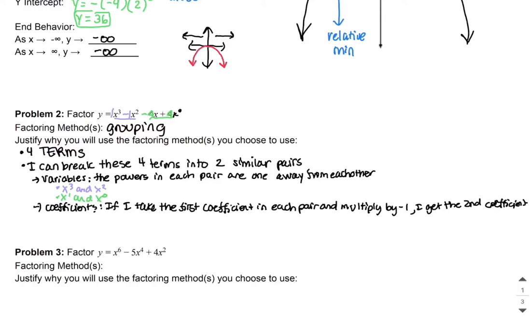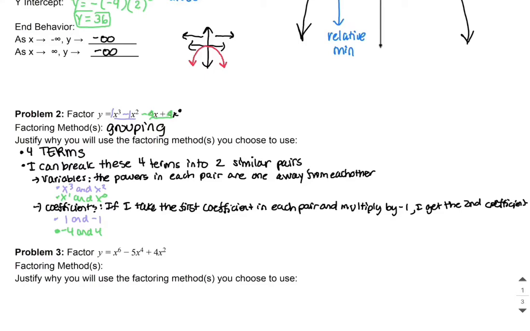I have, in my first pair, a 1 and -1, and in my second pair, I have -4 and +4. Because of these 2 similarities, I know that I can take out the GCF of both pairs and find a common factor between the 2 pairs.